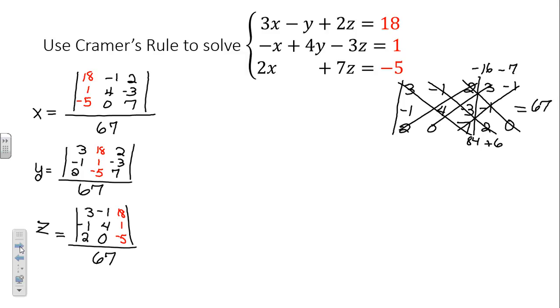All right, then again, you can expand by minors, or you can simply rewrite the first two columns and then use the diagonal method. 18 times 4 times 7 is 504. Negative 1 times negative 3 times 5 is going to get us a positive 15.